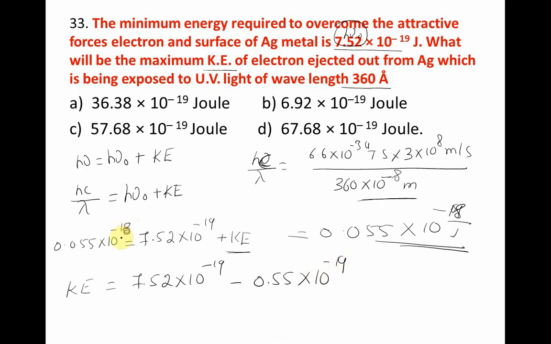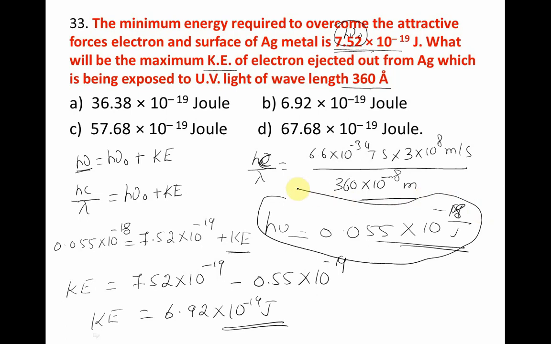So what do we get for kinetic energy? 6.92 into 10 to the power of minus 19 joules. So given h nu naught, I need to find h nu. By substituting that, I get the answer 6.9 into 10 to the power of minus 19 joules.